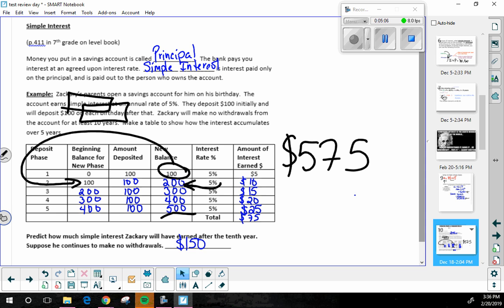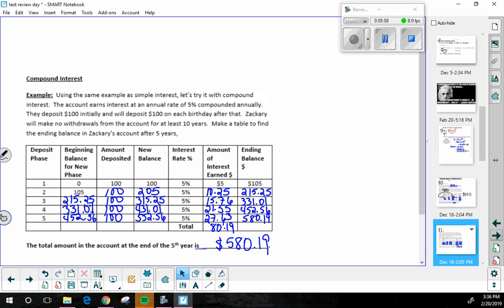As opposed to a compound interest account. The difference is when you figure the interest, you are adding it back into the principal, and it becomes interest on top of interest on top of interest, and that's how you make so much more money.